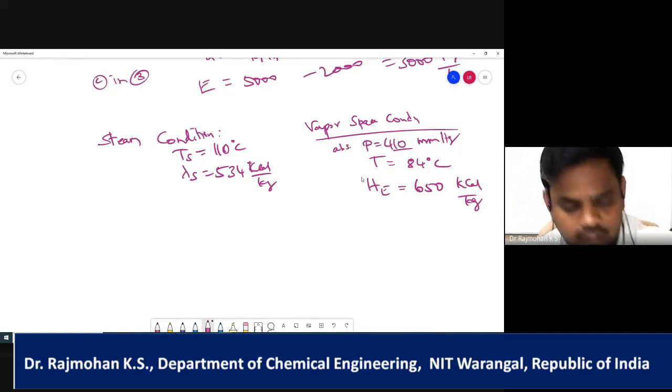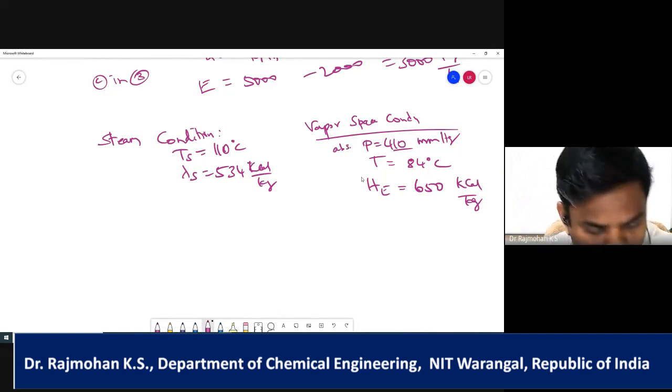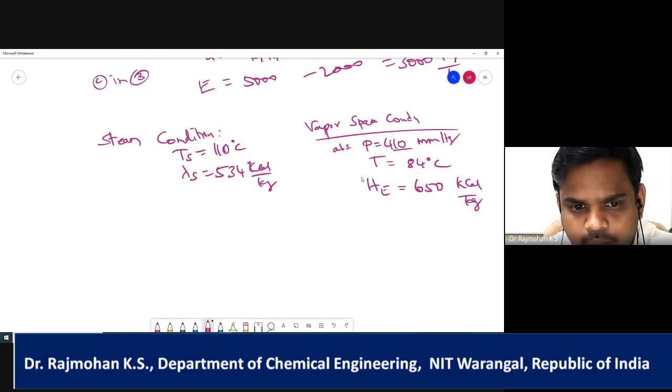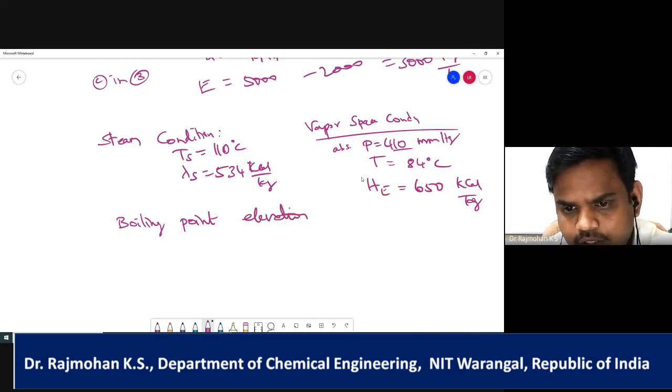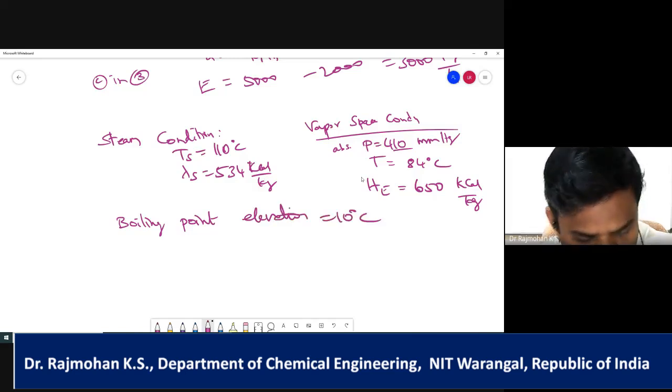Lower the pressure, we are going to have change in boiling point, right? So these are the conditions, and it is also given that boiling point elevation is taking place in this one, so it is not negligible. Boiling point elevation is 10 degrees Celsius.